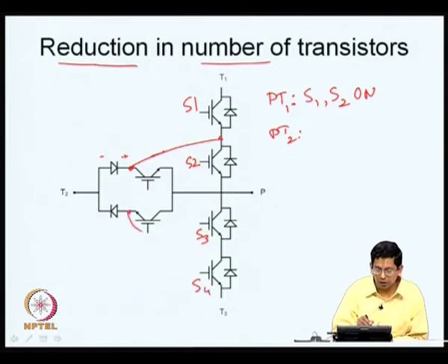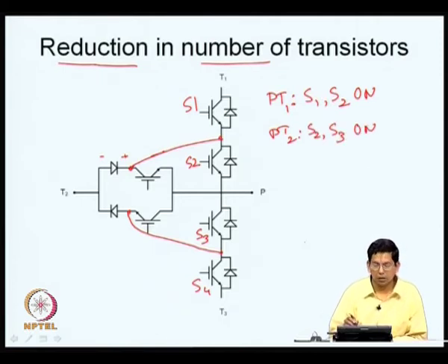We can also have a similar connection coming between here. So, if S2 and S3 are on, it can provide a connection with S1 being off. And for pole P to T3, S3 and S4 are on, the other switches are off.